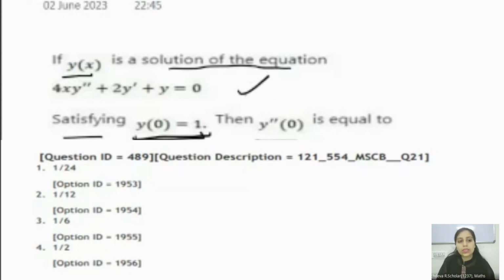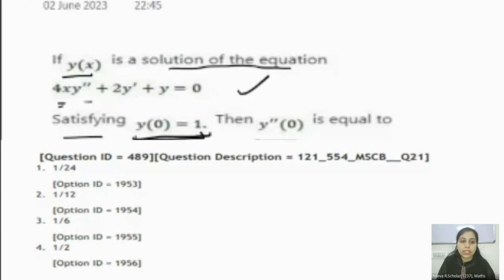During these lectures, we haven't covered this type of problem. So this is a very different problem. Here we can see y'' with x, so it is not a constant coefficient equation, and also not a homogeneous type of equation.